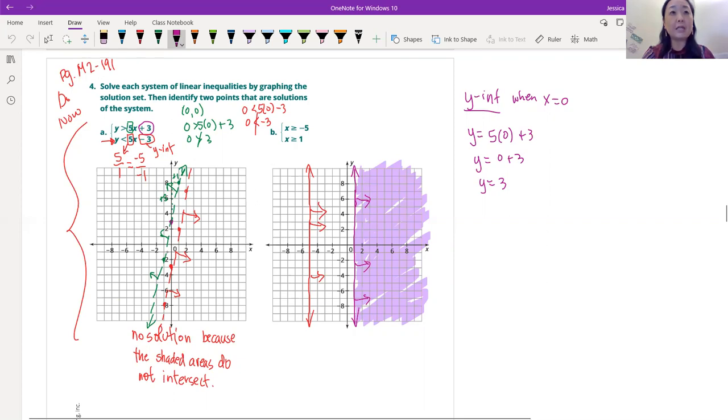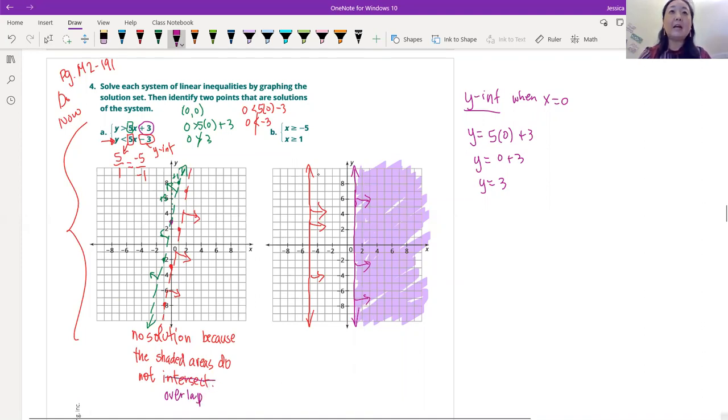For the red line, 0, 0 is to the left of it, so we shade to the right. Since we have 2 inequalities, we want to know where they overlap. They don't, which means there is no solution because the shaded areas do not overlap. I should say overlap, that's a better word than intersect.